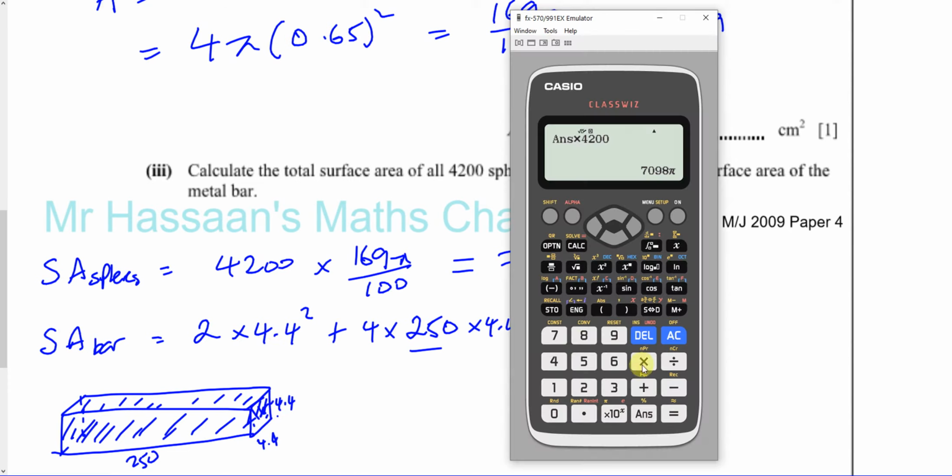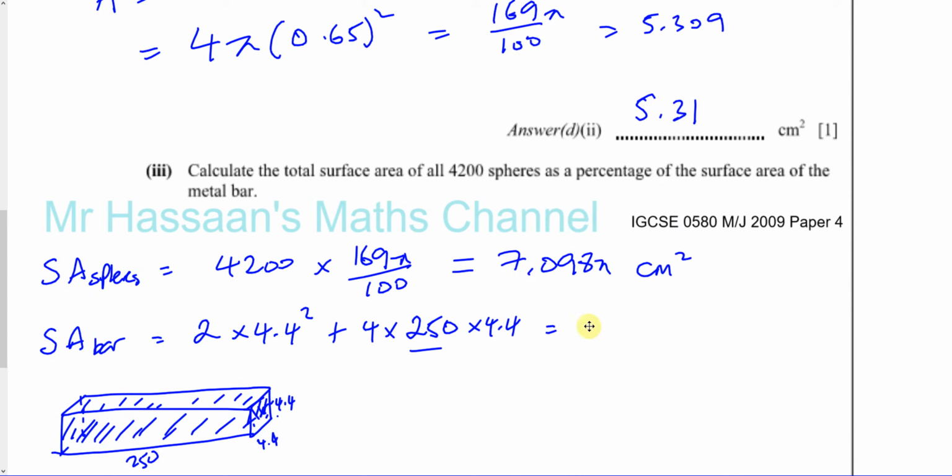So you're going to have 2 times 4.4 squared plus 4 times 250 times 4.4. And that gives us 4438.72 centimeters squared.